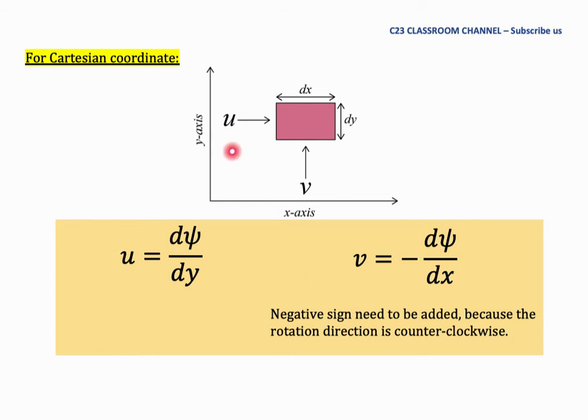So for example here, we want to develop the relation between the component velocity u and the stream function. We could write u equal d psi over dy. Because we are focusing on the component velocity, d psi here means a small portion of stream function at this element only, over dy, which means the cross-sectional area that this velocity goes through.